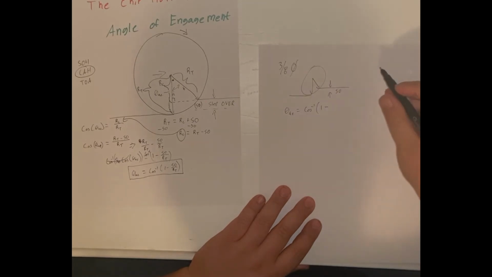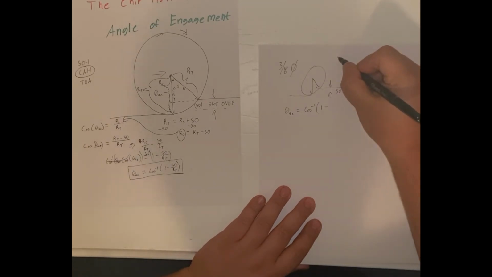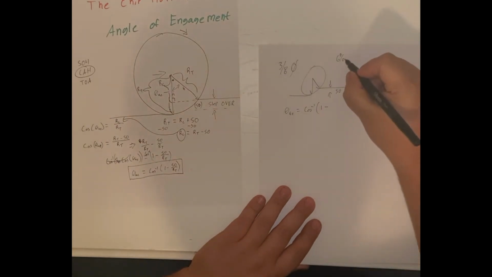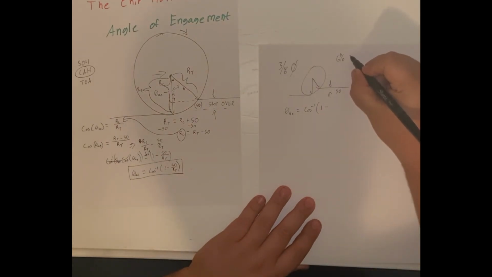1 minus, so let's do, I've always heard 6% as a conservative step over calculation. So 6% of 3/8.